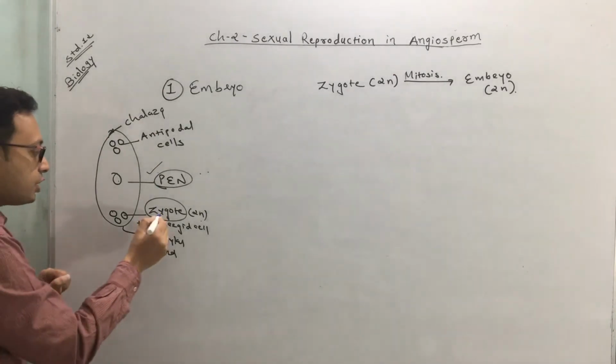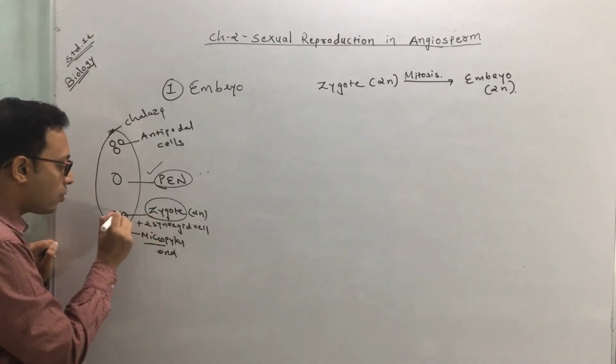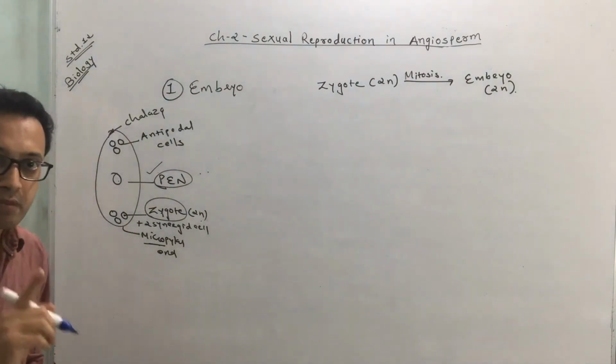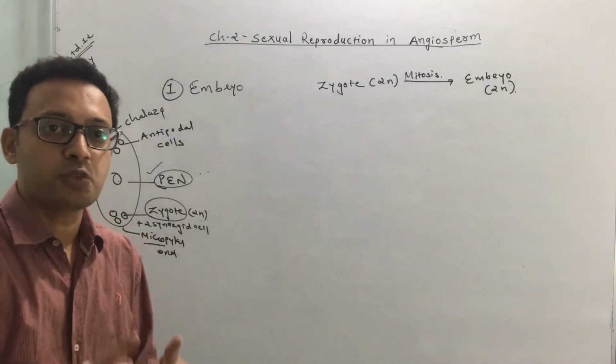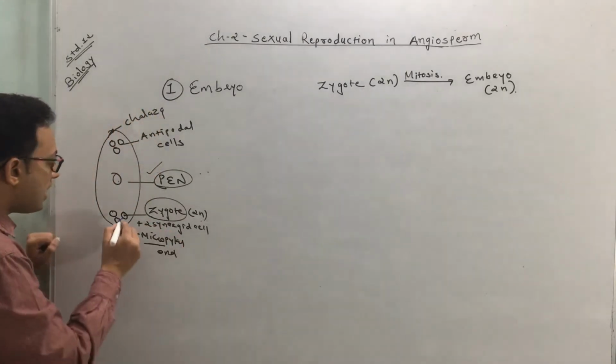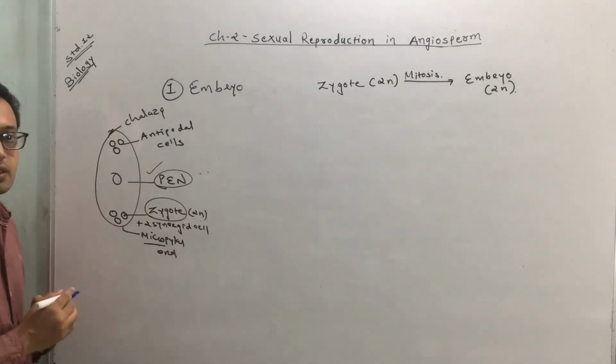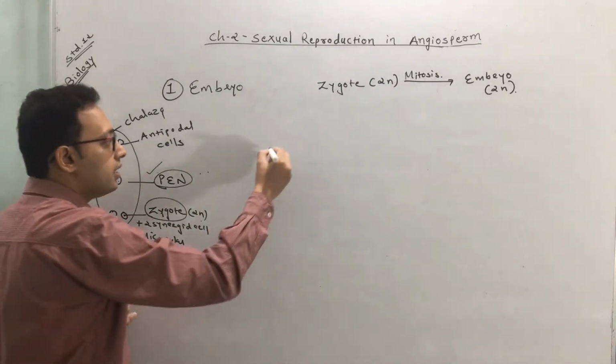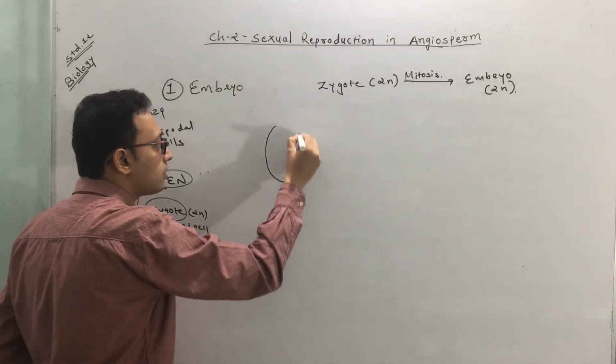So where is this zygote present? The zygote is present at the micropylar end. You have to remember where this zygote is present. I will just enlarge this cell, the zygote cell, and then we will go ahead. Suppose this is a zygote.